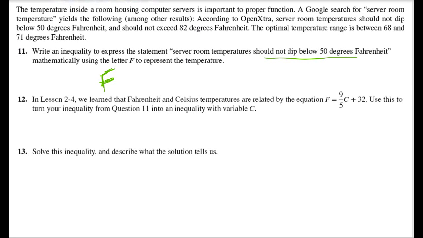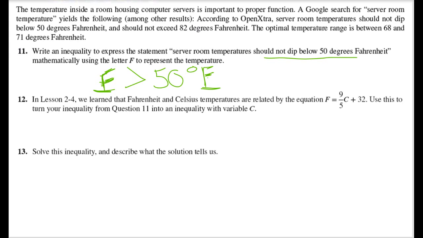Not less than is the same as greater than. So 50 degrees Fahrenheit. And it's probably not a good idea to use F for the temperature, because to say degrees Fahrenheit, I need to say degrees F. So this is really just my units. This is a variable. Restart the video once you've done question 12.